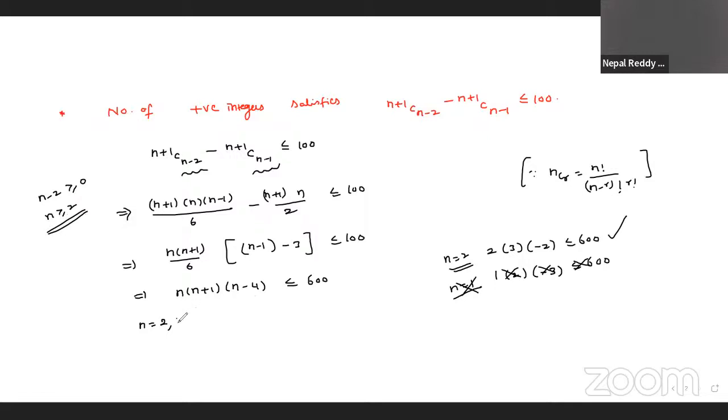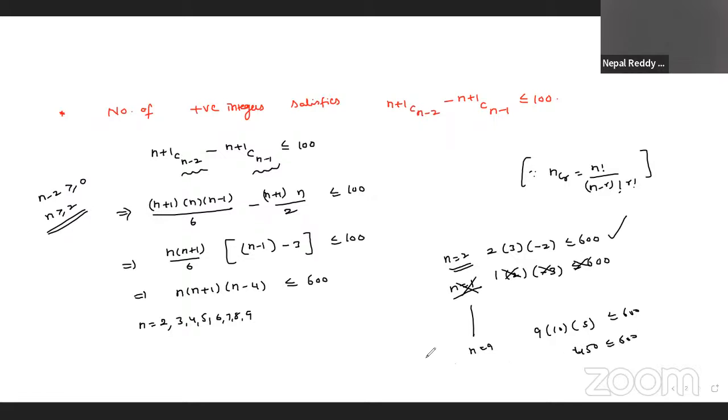So up to 3, 4, 5, and so on, up to 9. If you write n equal to 9, 9 into 10 into 5, less than or equal to 600. This is 450. Right?